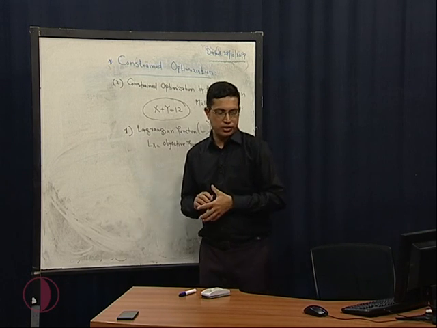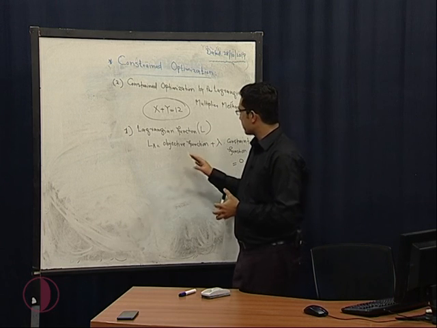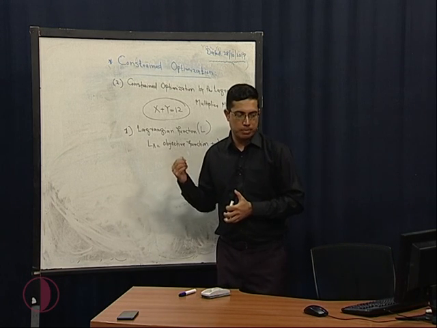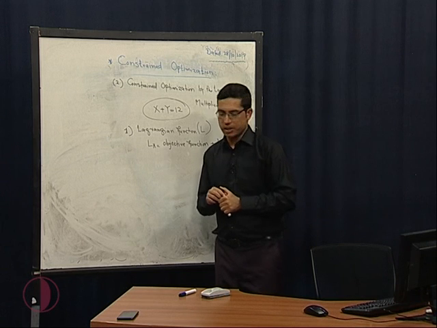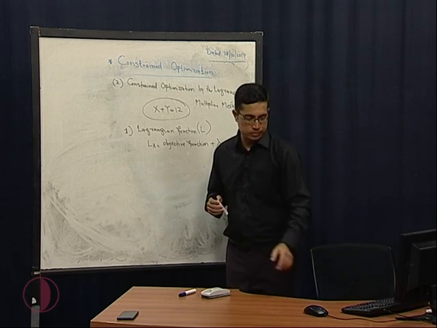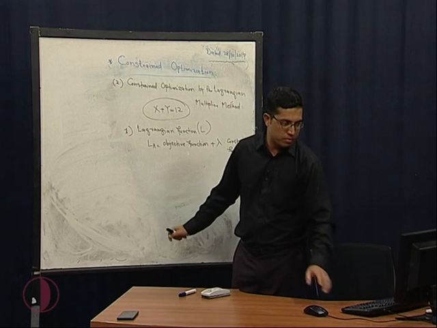The Lagrangian function can be treated as an unconstrained optimization problem, and its solution will be identical to the original constraint optimization problem. So, this was the first.